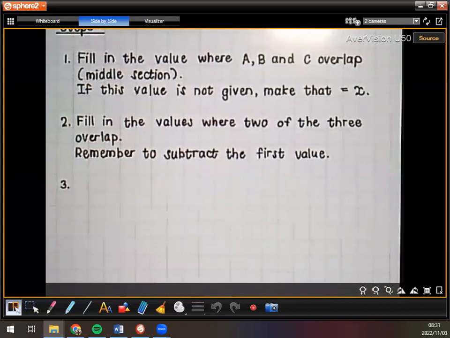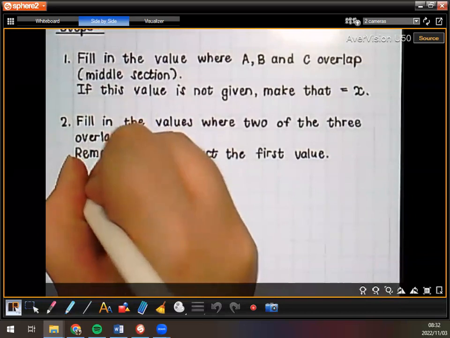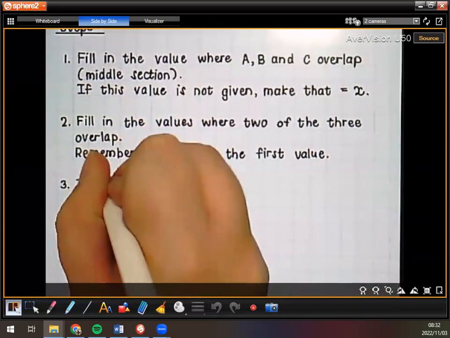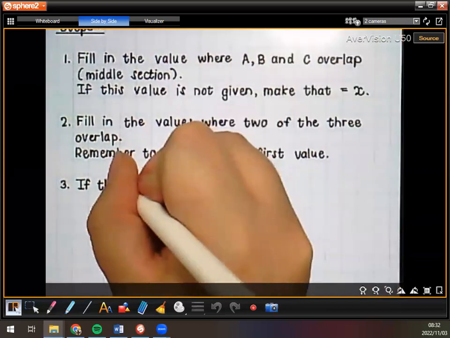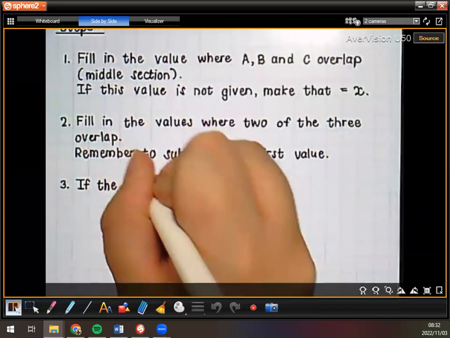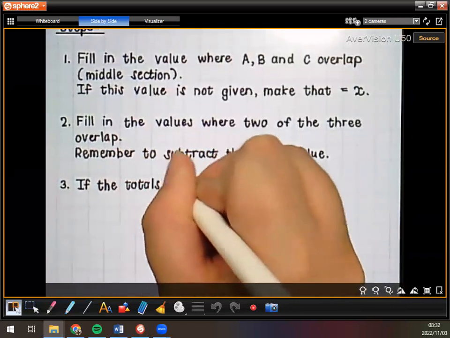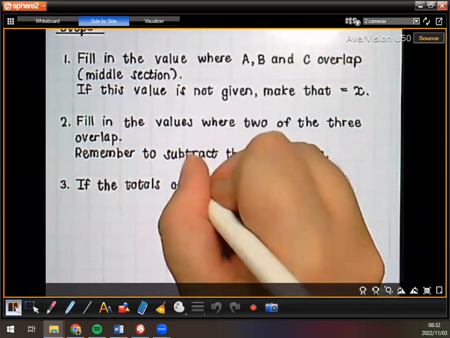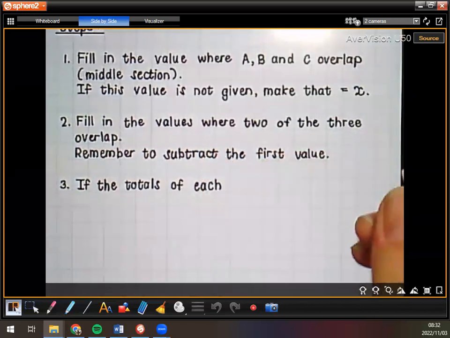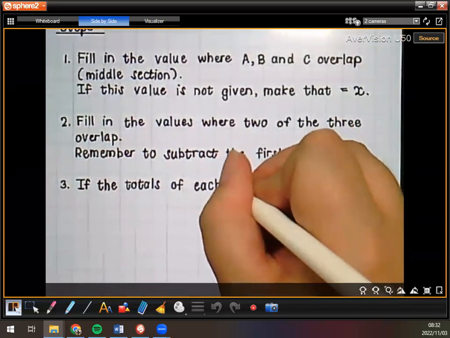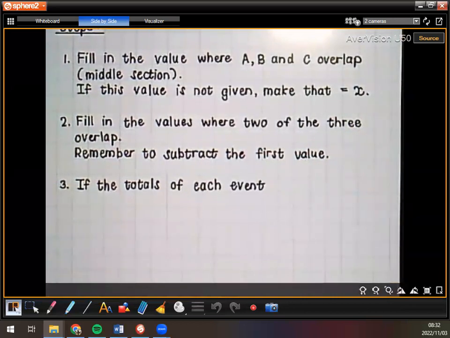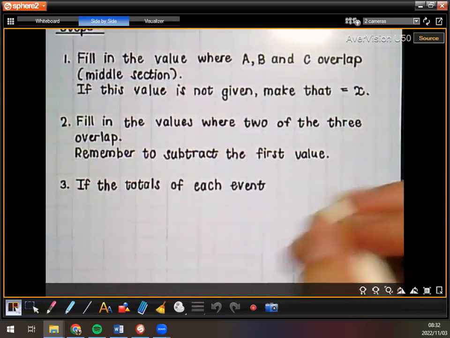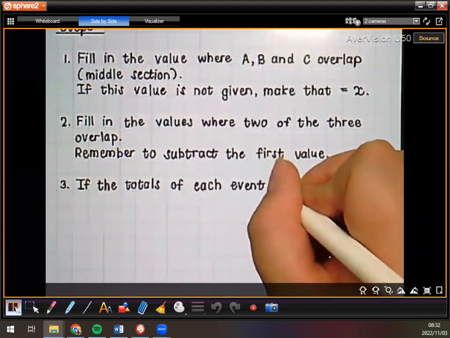Okay, then for number 3, if the totals of each event, so A, B, and C, are given, basically each thing in the Venn diagram, the totals of each event are given.